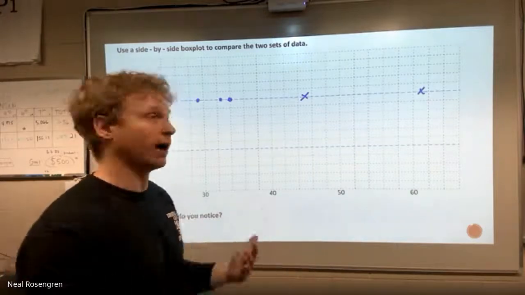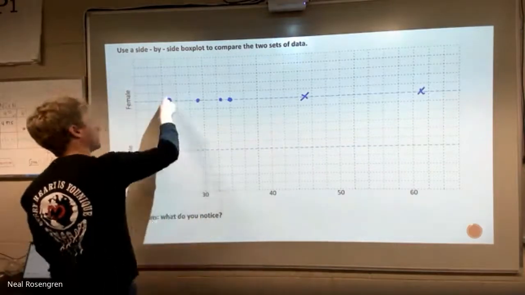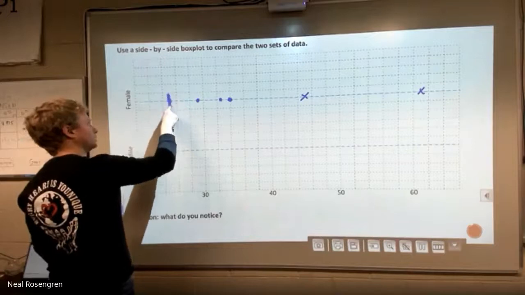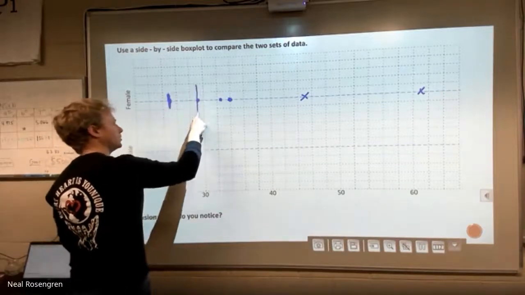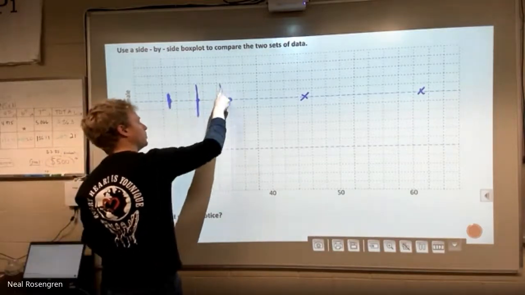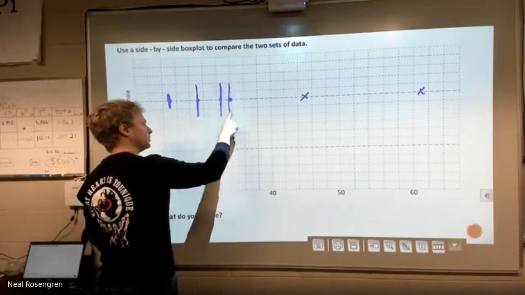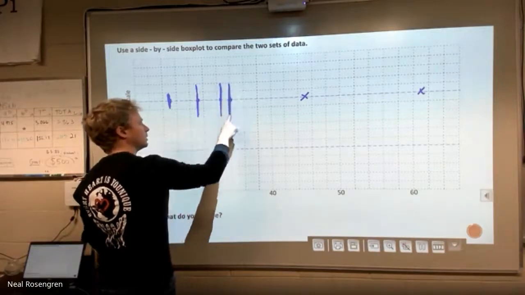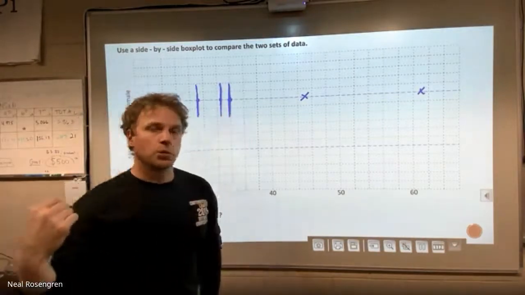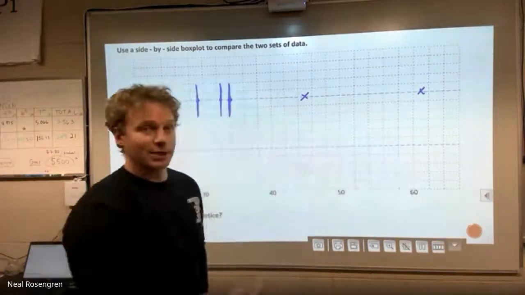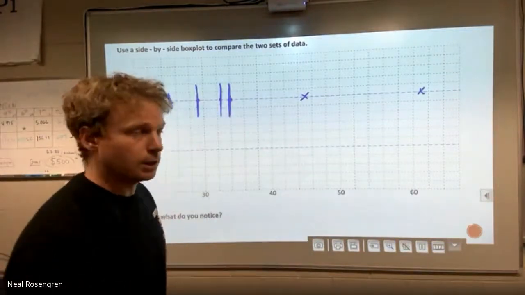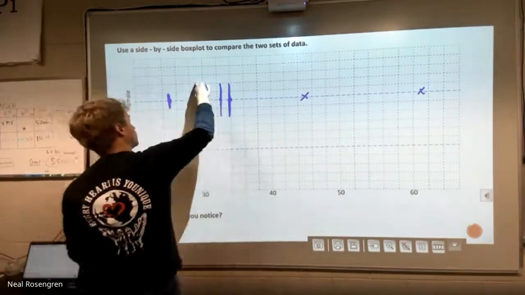They're both 35s. All right, so when I draw this out, I'll go up and down one box here, up and down 2 boxes, up and down 2 boxes, up and down 2 boxes. But there's no space for me to draw that last whisker because my Q3 and my max are the same.